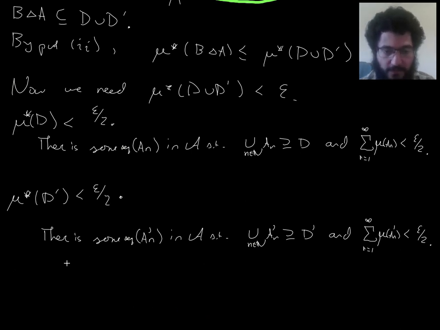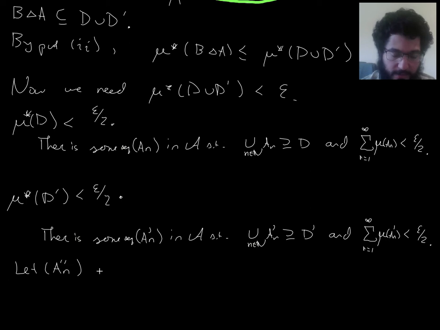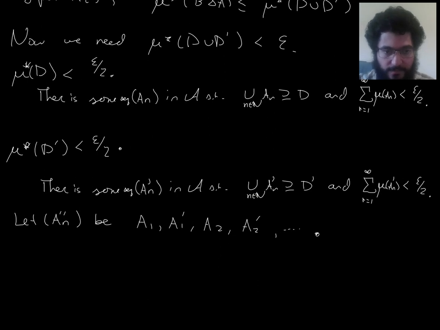So instead of fiddling with explicit indexing, let me just do it like this. Let A_n double prime, a third sequence in fancy A, be this sequence: A_1, A_1 prime, A_2, A_2 prime, etc. So that should achieve what we want.